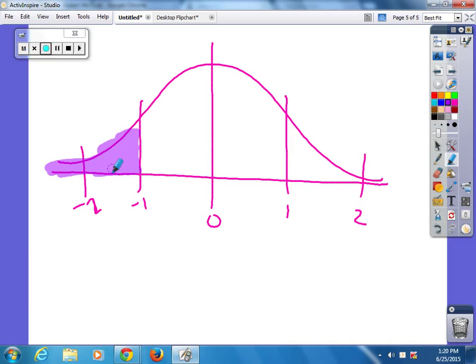If I ask you to find this area, then there's another side. And that other side is the complement, which would be the less than, which would be this area.